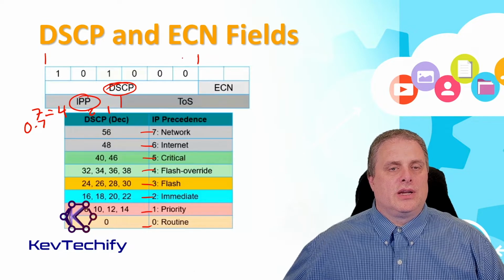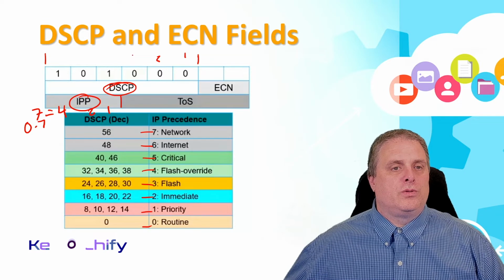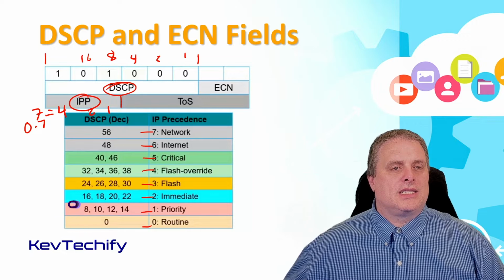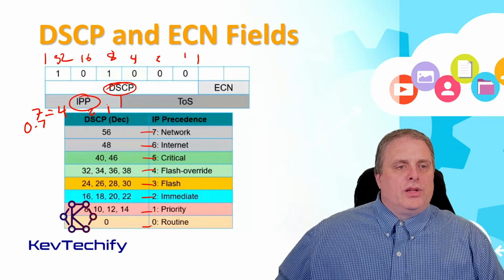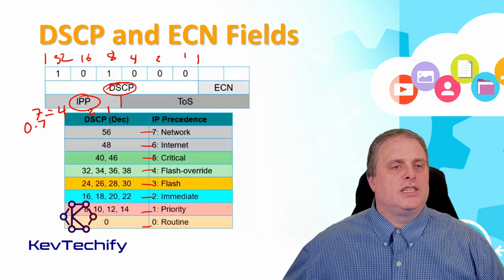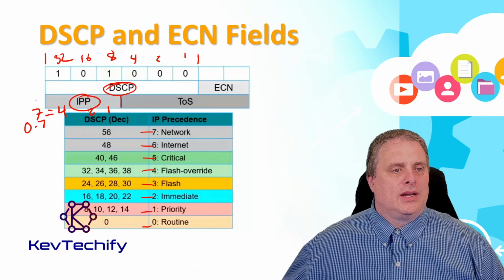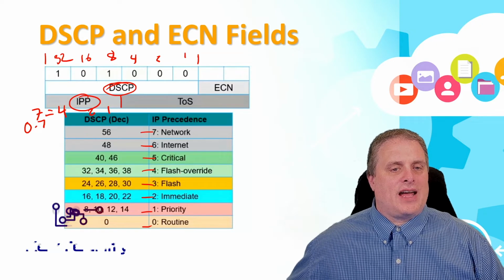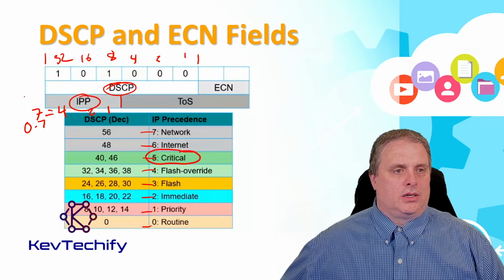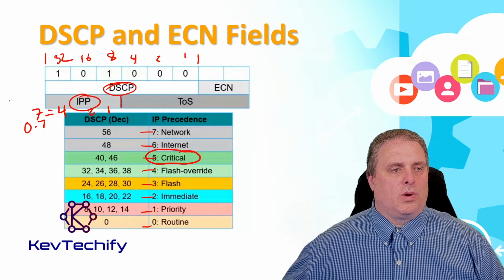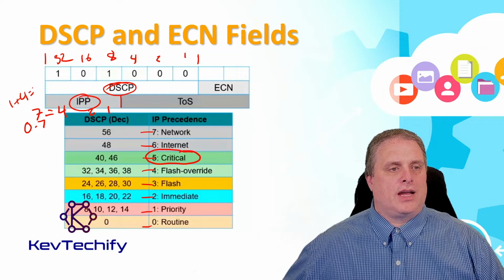Those values in binary would be 1, 2, 4, 8, 16, 32. And if we look at a value of 101 for IPP, that would be equal to a 1 plus a 4. That gives us 5. So that would signify critical down here. So that'd be 1 plus 4 equals 5.